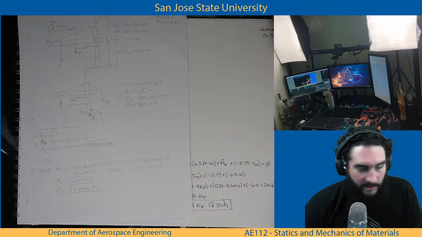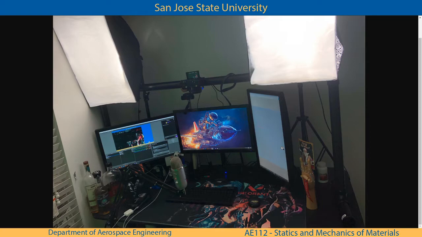But this is the setup that I'm working with here. AE pubs. Yeah, I play Valorant, Lopez. This is the setup. This is where I bring you guys your lectures from. This is how I do it. Ooh, you got lights? I got green screen too, brother.